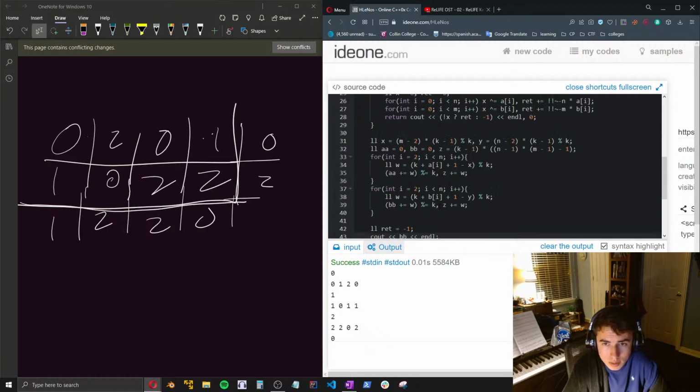Alright, there's a problem. Why is BB equal to 0 when it should be equal to 1? B of I is equal to, let's see, 0. 0 plus 1 is 1. 1 minus 0 is 0.